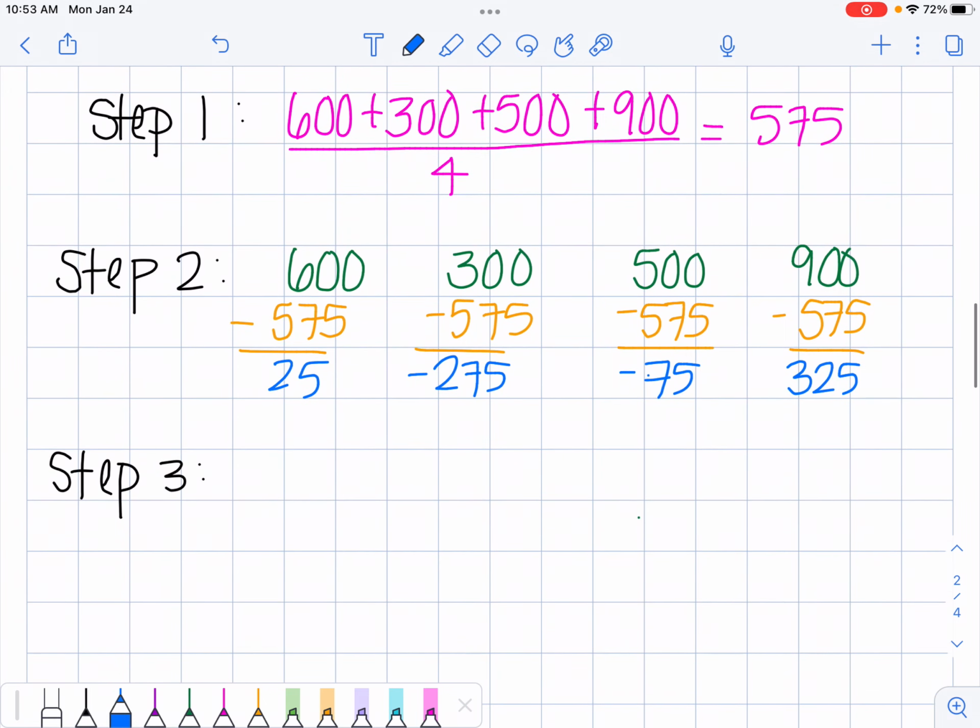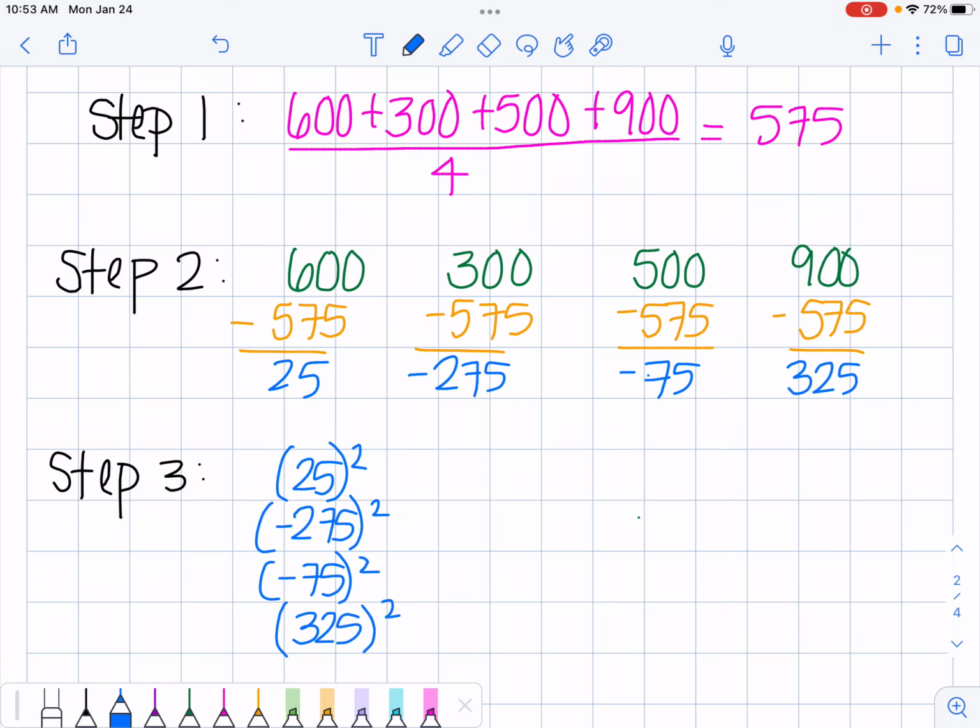Now I'm going to square each of these numbers that I got in step 2. So I'm going to take all my blue numbers and I'm going to square them. Okay, so 25 squared is 625.